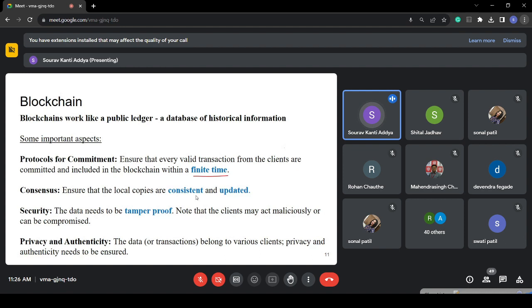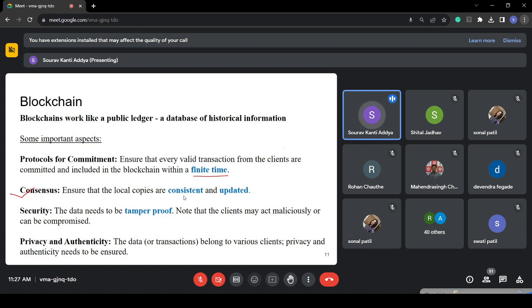Then the consensus ensures that local copies are consistent and updated. So that means if there are 100 users or 100 peers in your network, and somebody did some transaction with another person, the rest of the people should update what happened.